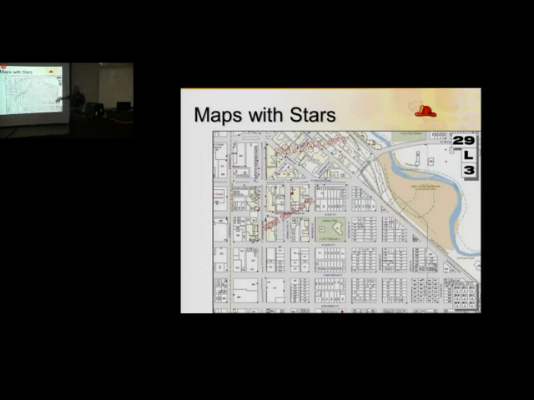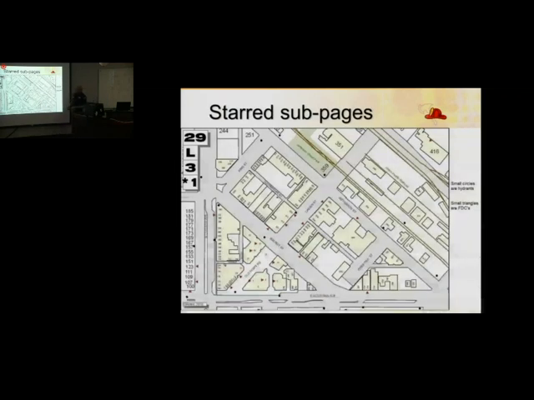So what they did is they zoomed it in and put a star by it, put this all over the top, said, now go to 29 Lincoln 3 star 2, which should be one of the next pages in your map book. This is actually star 1, but now it zooms in, whap, and shows you better where those connections are and where those building numbers are. So it's an easier point of reference to see them.